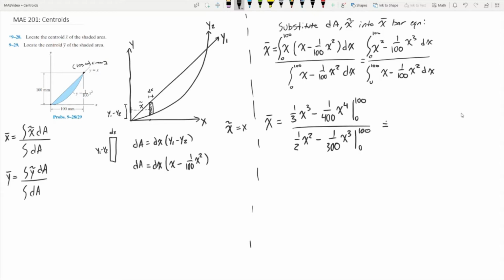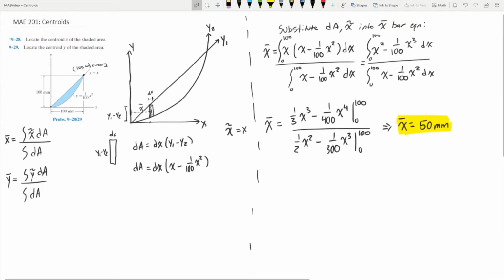And if we evaluate that, we're going to get a value of x bar that is approximately 50 millimeters. Okay, so that's our x bar here. And then similarly, we can do the same approach to get y bar.